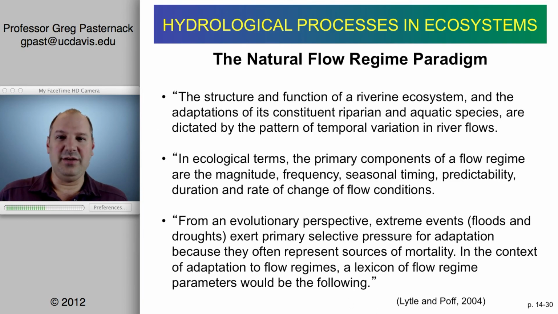The natural flow regime is an idea that has been expressed in a series of papers, but began with Poff et al. in 1997. Probably had precursors before that, but that's really the one that's been cited the most.